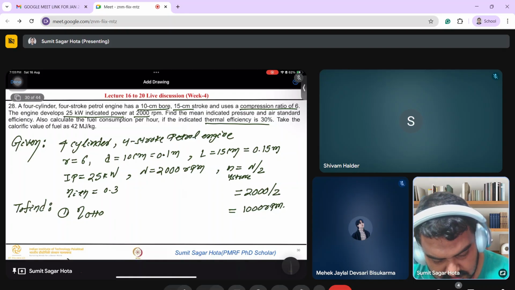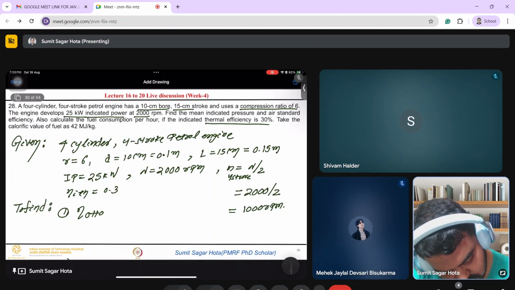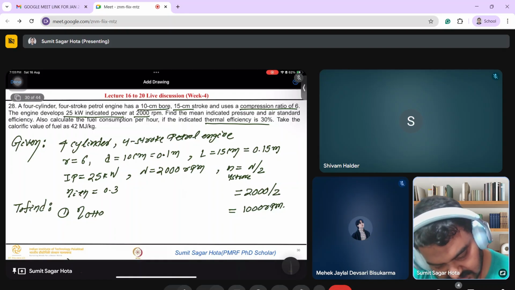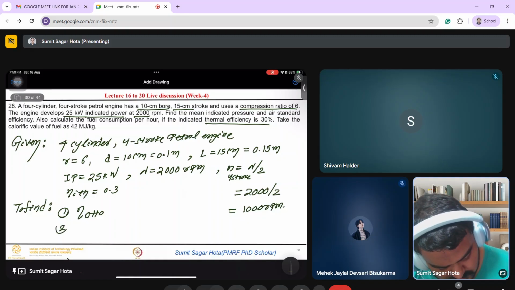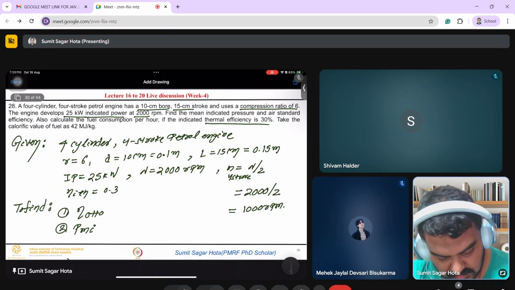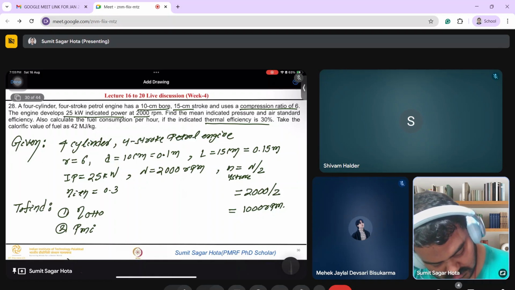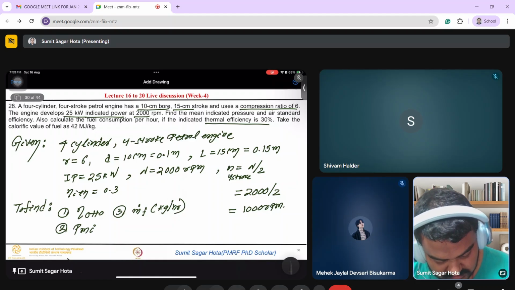Next is the mean indicated pressure, PMI. And third is your fuel consumption on a per hour basis, kg per hour. So these are the things we need to find out.